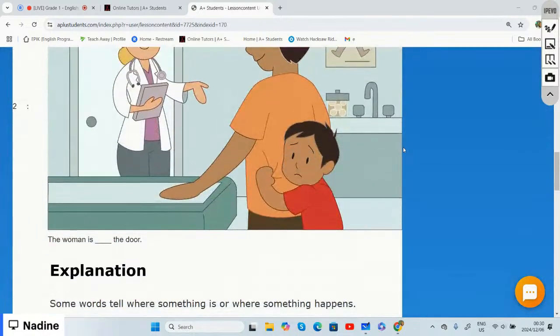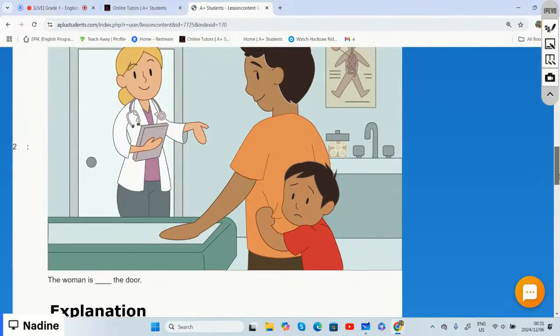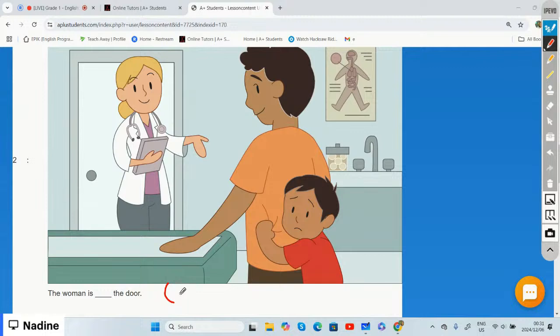All right. Let's look at the next one. We need to say where the woman stands. The woman is the door.